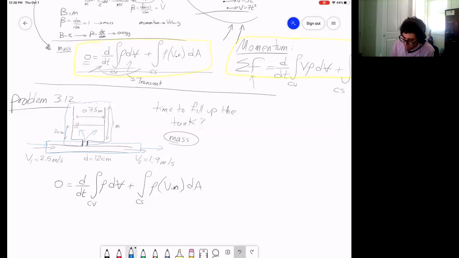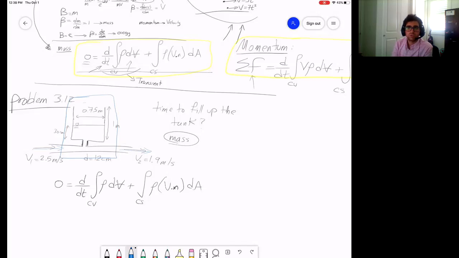Okay, let me ask this. If you draw the control volume like this, you have an outlet and you have an inlet. Is this a good control volume? It is not a good control volume, because this tank is inside the control volume now, and anything that's happening inside the control volume, we disregard, like in statics.